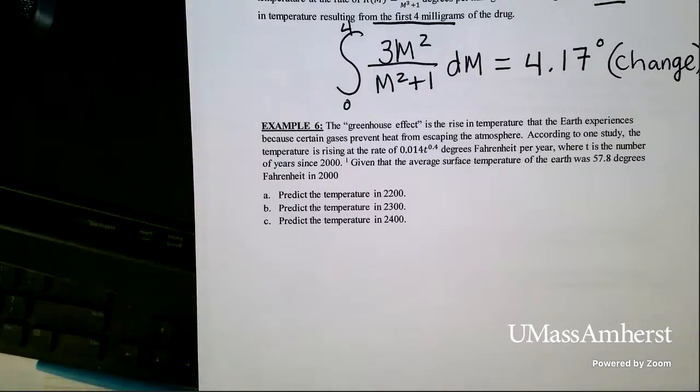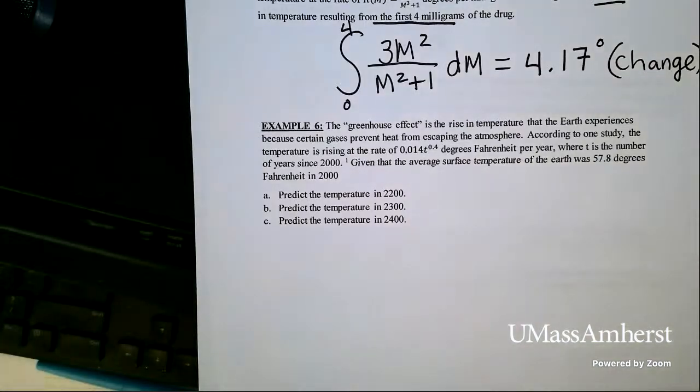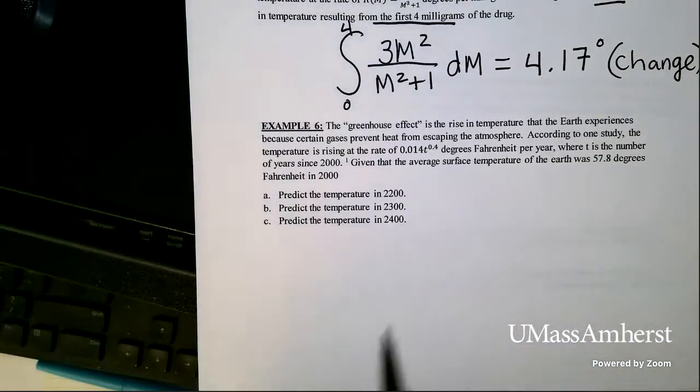According to one study, the temperature is rising at a rate of 0.014 T to the 0.4 degrees Fahrenheit per year, where T is the number of years since 2000. Given that the average surface temperature of the Earth was 57.8 degrees Fahrenheit in 2000, we want to predict the average surface temperature in 2200, 2300, and 2400.